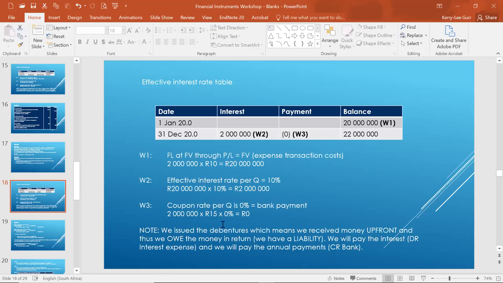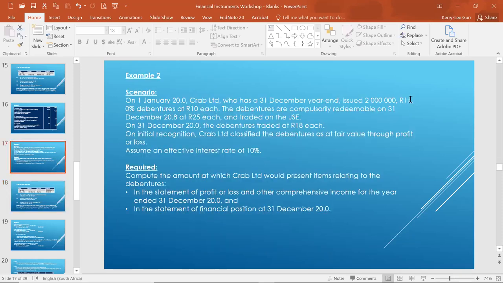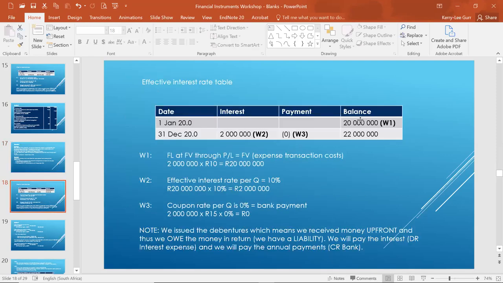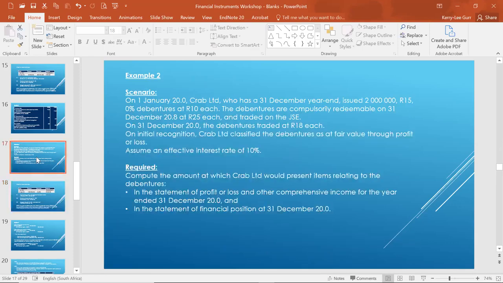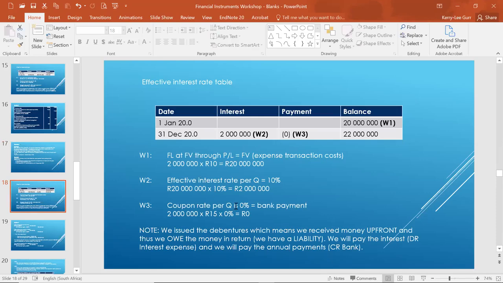The coupon rate will be based on the face value, and that is what you are given here. They're saying they're worth 15 Rand each in terms of their face value, but we only paid 10 Rand each. So 10 Rand each being our fair value used for our initial recognition in our books, and the 15 Rand each being used to work out our payments.